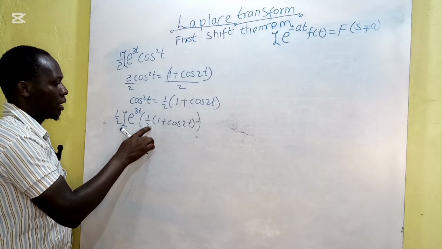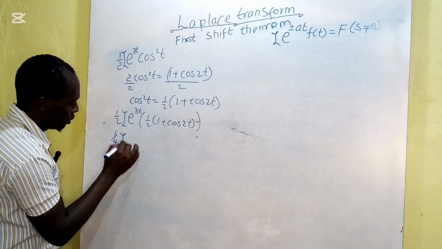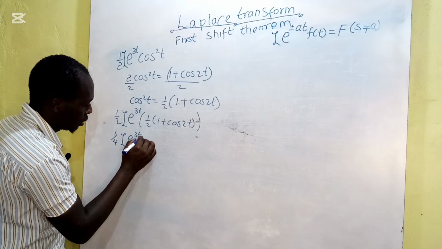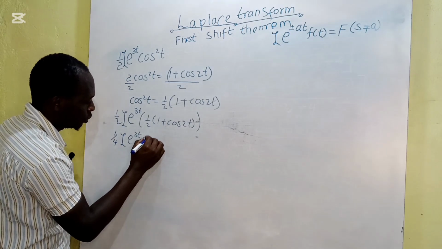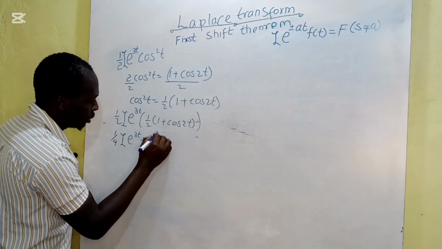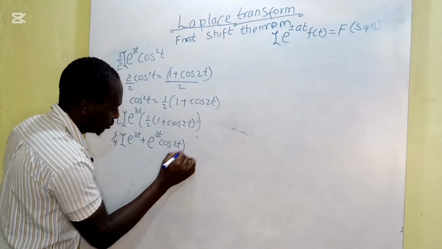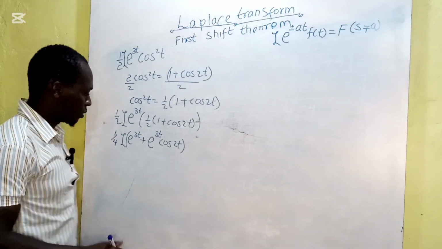We can factor out a half here, and we are going to have 1 over 4. The Laplace transform of exponential 3t, we open the bracket, we come and add to exponential 3t cos 2t. Everything we get its Laplace transform.